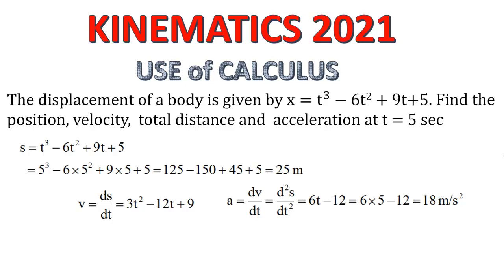Now, the total distance. See, total distance will not be 25, because for any journey, at times when the velocity becomes 0, the particle reverses the direction. Supposing I throw a body upward, so it goes, let's say 20 meter high, then it comes back to me.